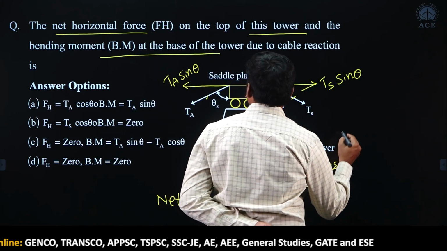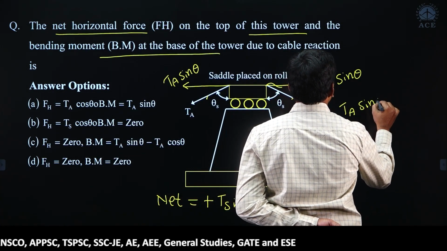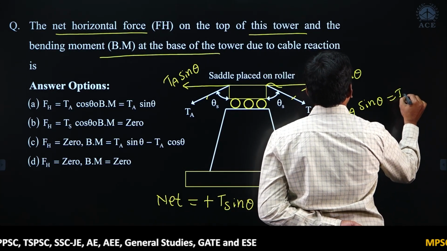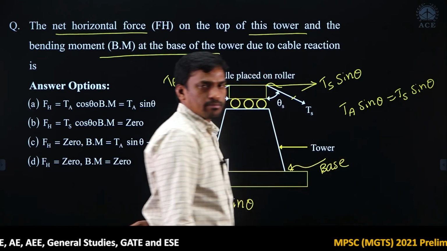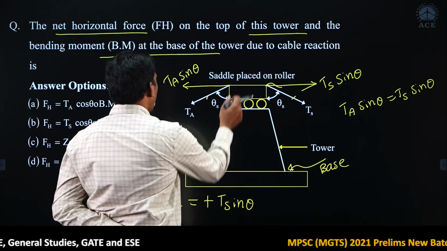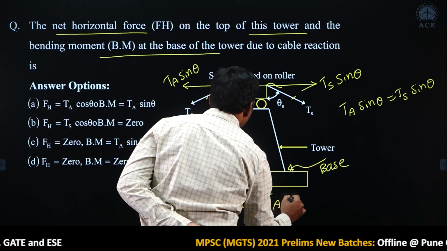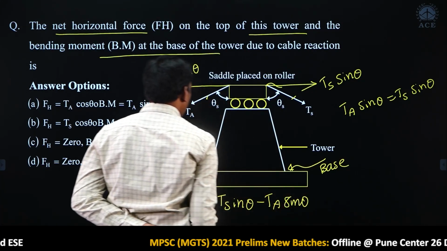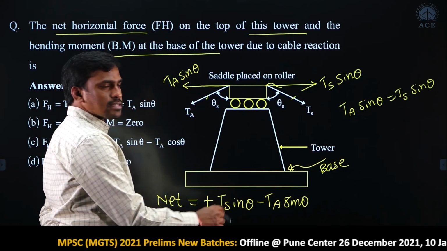For equilibrium condition, TA sin theta equals TS sin theta. Then left I am taking negative TA sin theta, and here TS sin theta equals TS sin theta, right.